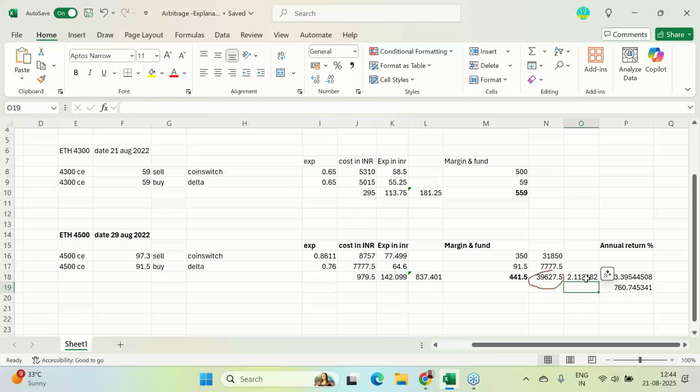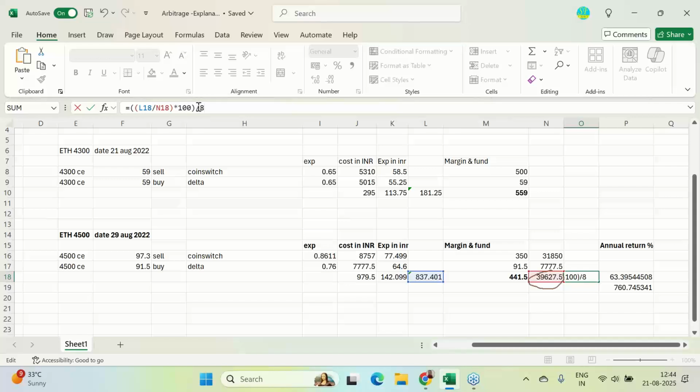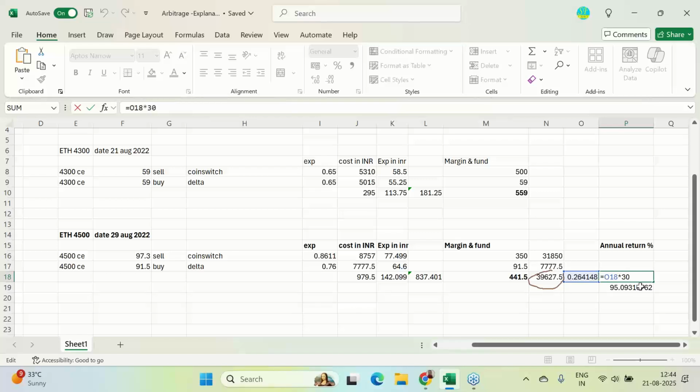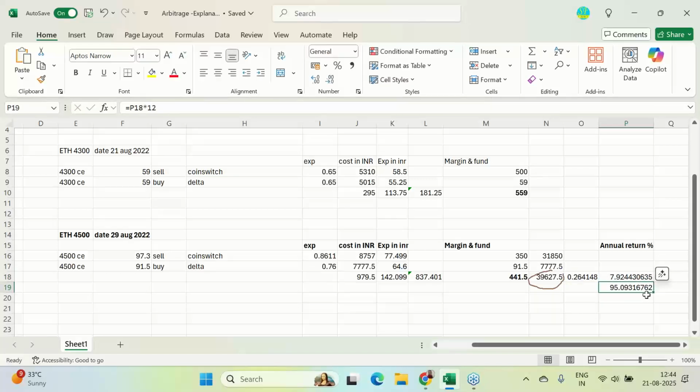It is almost 2% you are gaining for 7 days. Because we are taking 21st, 22nd, to 29th, so 7 to 8 days. So divide by 8. Per day, how much are we getting? This much, and this is the 30 day return, this is the 12 month return, almost 95%.